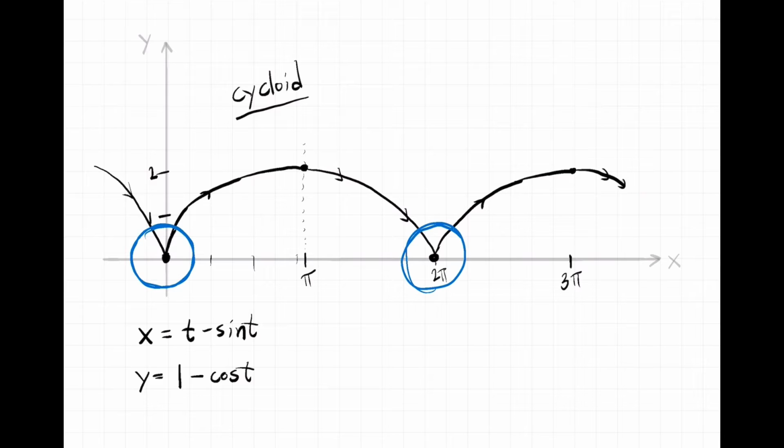Is that really accurate? I haven't watched the actual wheel rolling along and the point on the edge of the wheel and the path it's taking. I don't know for sure if I've drawn this correctly. Let's see if we can get some more information. In particular, I'm not sure if that should be a cusp or the following.